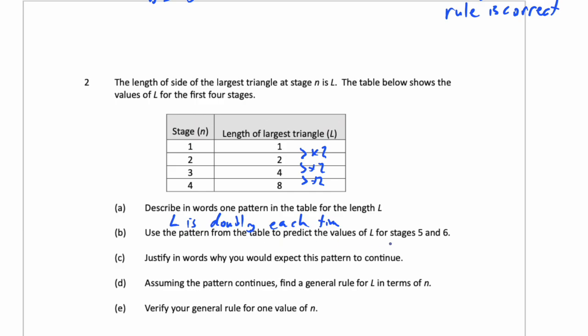Use the pattern to predict stages 5 and 6. If n equals 5, L equals 8 times 2, which is 16. For n equals 6, L equals 16 times 2, because it's doubling. We get 32.